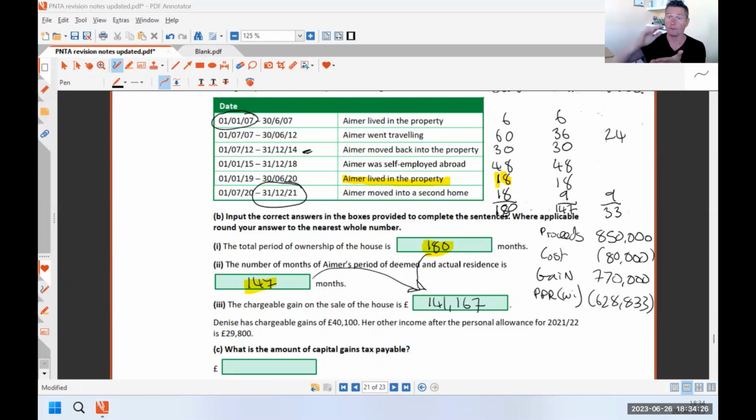So you need to know overseas, any period whilst employed, 4 years for self-employed. What is it for employed in the UK? Whilst I'm here. Anyone? No, employed in the UK, I should say.